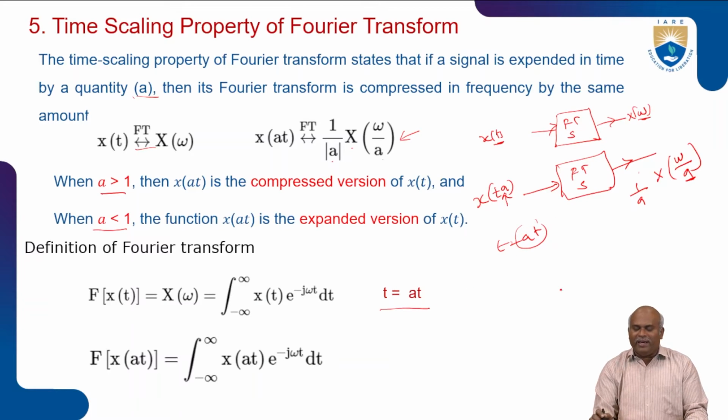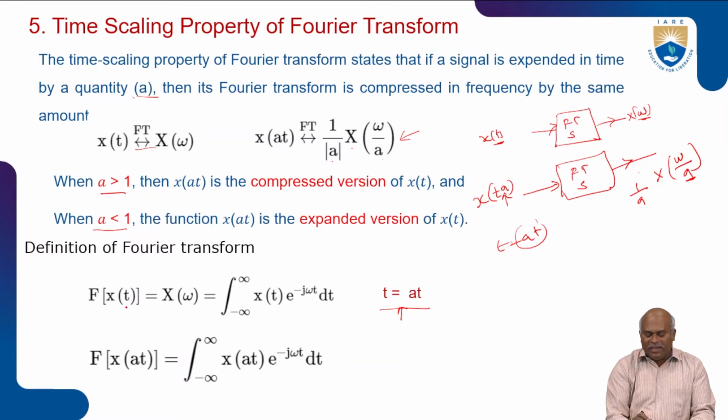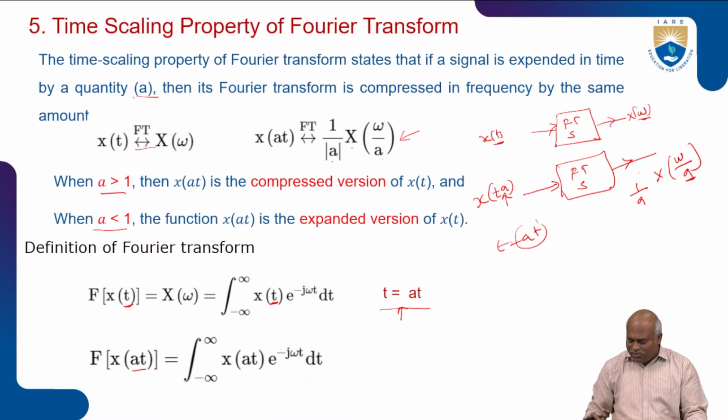So wherever t is present on the input side, I apply a t. So the Fourier transform of x of a t is equal to the integration from minus infinity to plus infinity of x of a t e power minus j omega t dt.